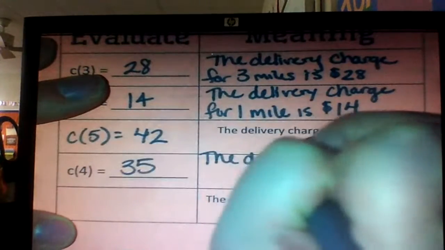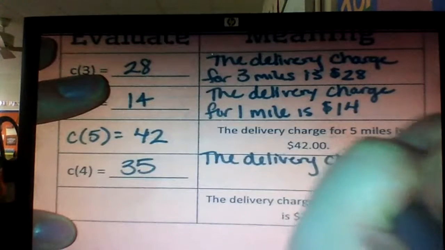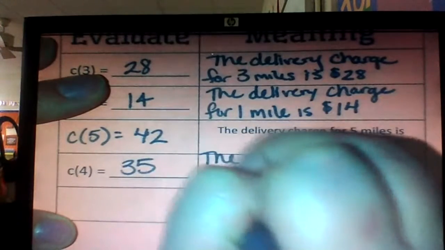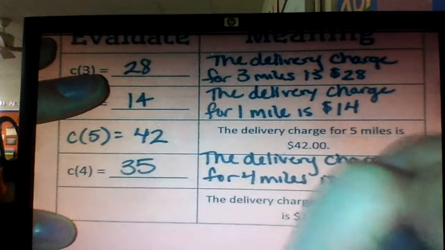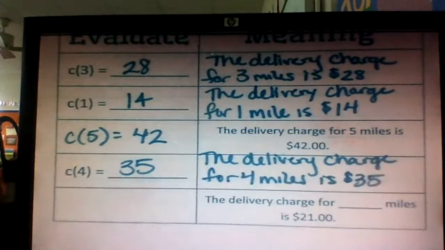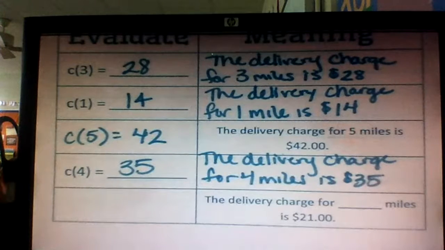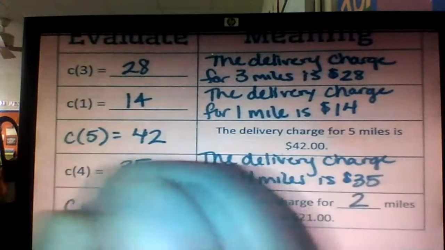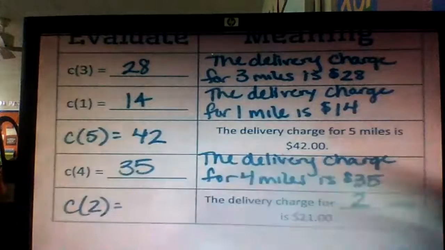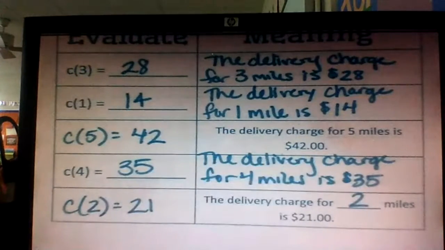So the delivery charge for 4 miles is $35. And finally, the last one. How many miles do you have to travel to be charged $21? 2 miles. So that's C of 2 equals 21.